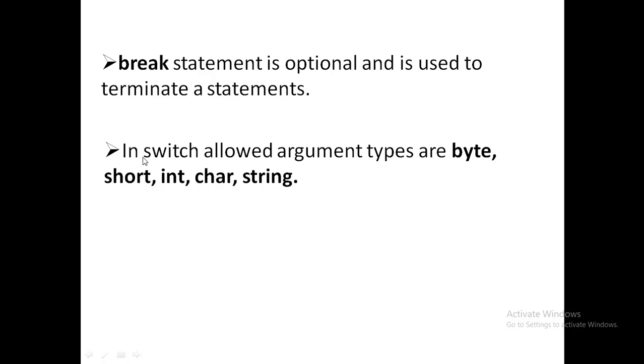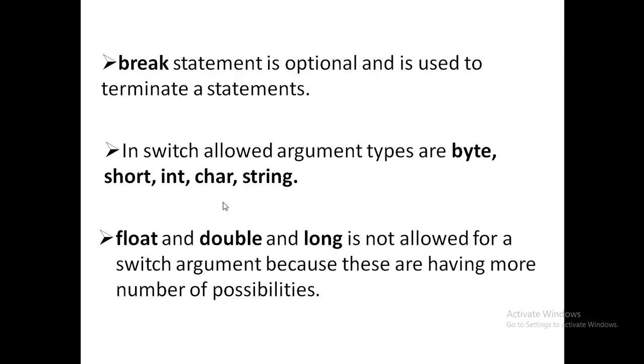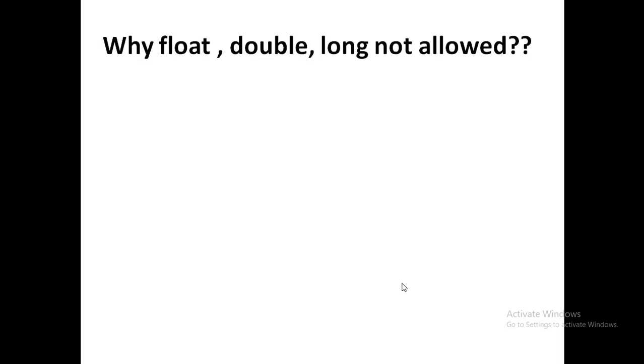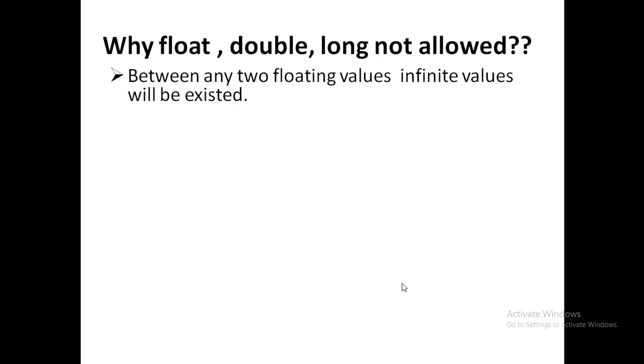Next point: in switch, the allowed argument types are byte, short, int, char and string. By mistake, if you use any other data types, it leads to a compile time error. Float, double and long are not allowed for a switch argument because they have a large number of possibilities.